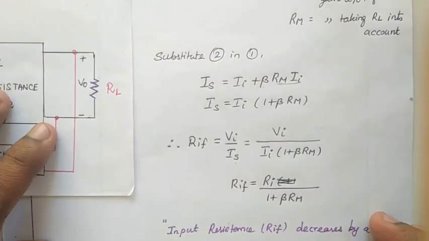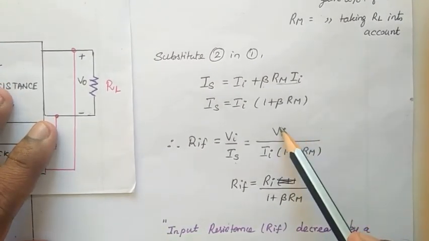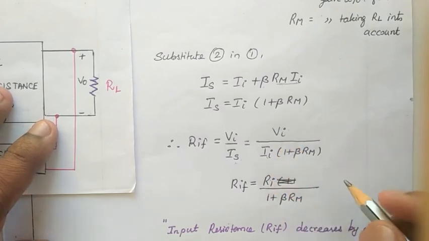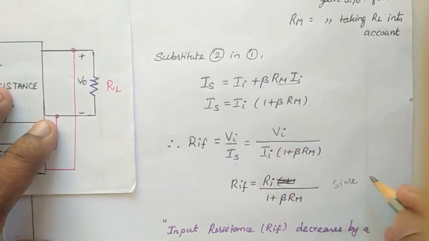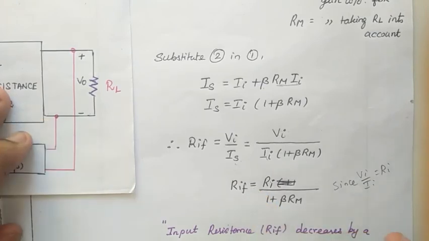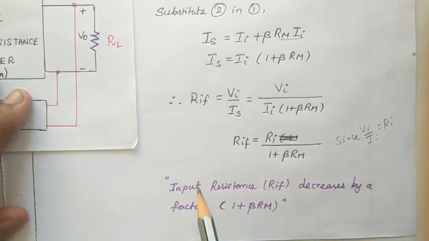We know that VI by II is nothing but RI. Substituting this, I can give the conclusion that the input resistance with feedback, RIF, decreases by a factor of 1 plus beta RM.